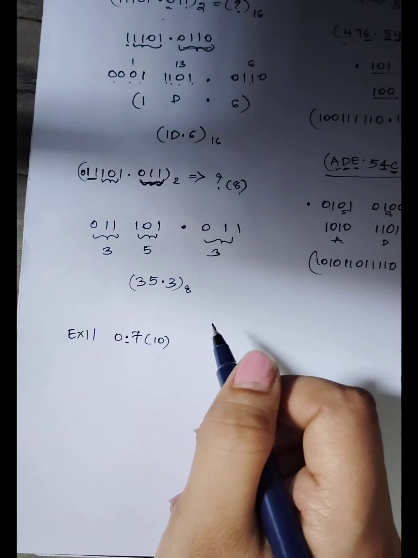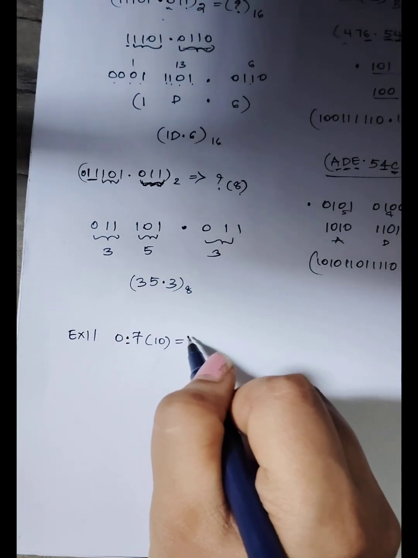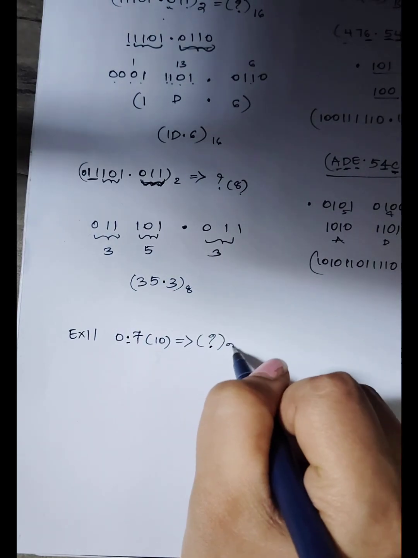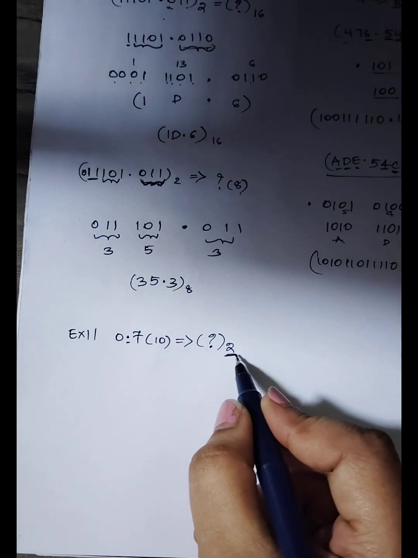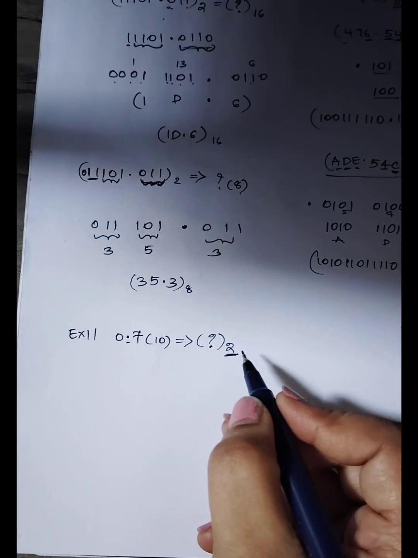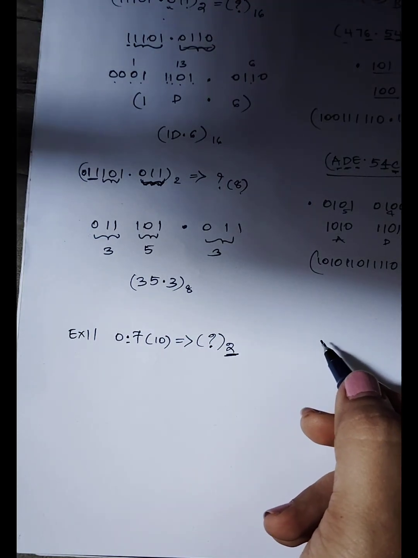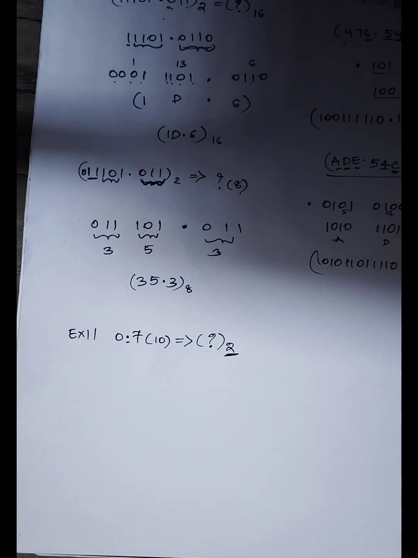Then you need to do successive multiplication. For example, if you need to convert it into binary, then you need to multiply with 2 till you get a whole number. And if you are not getting any whole number, then you need to stop after you get 6 decimal points.